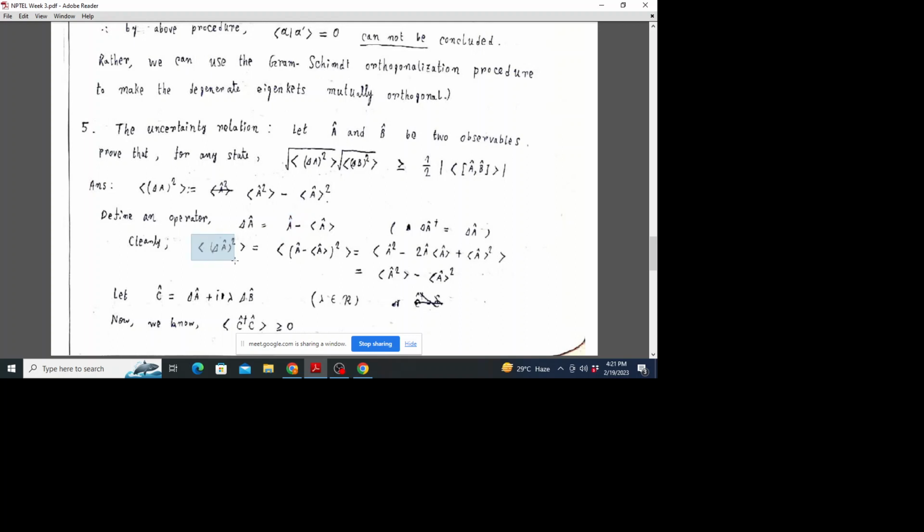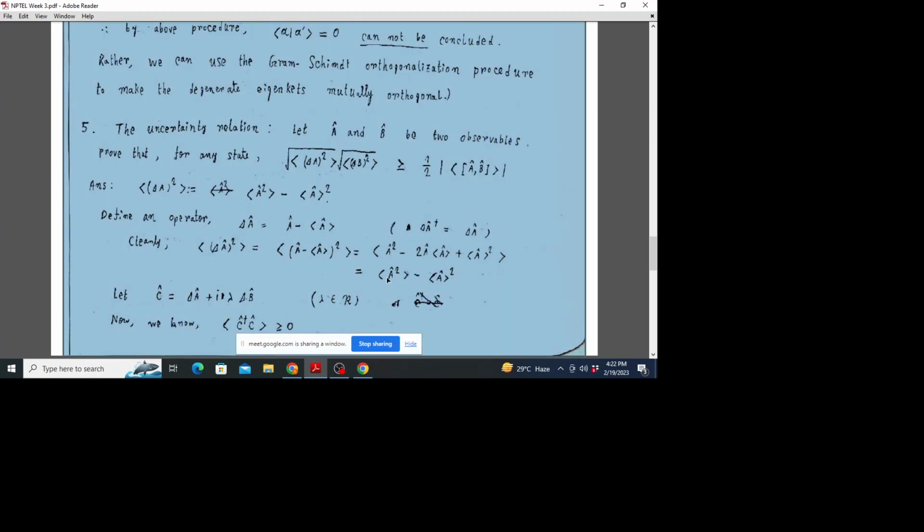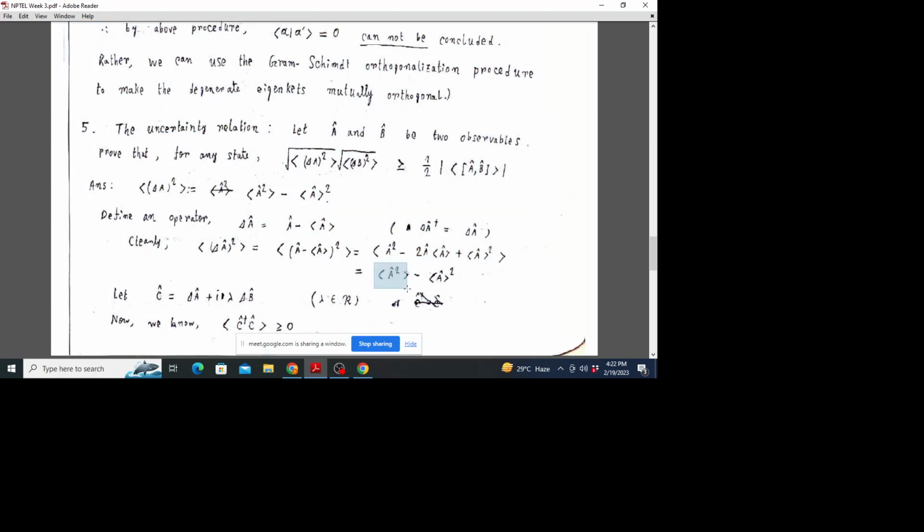Now, if you take the expectation value of the square of this delta A operator, let us expand this. This is just the expansion of the (A minus B) whole square formula. And now take the expectation value. The first term gives us the expectation of the square.